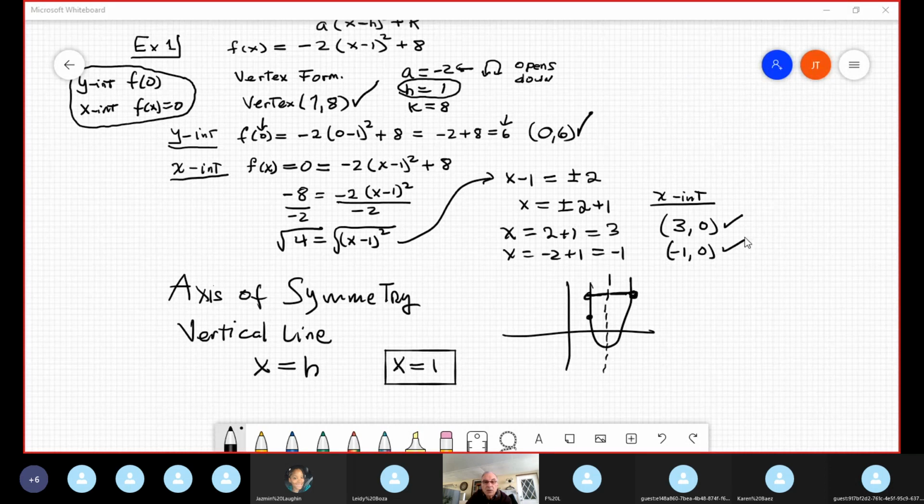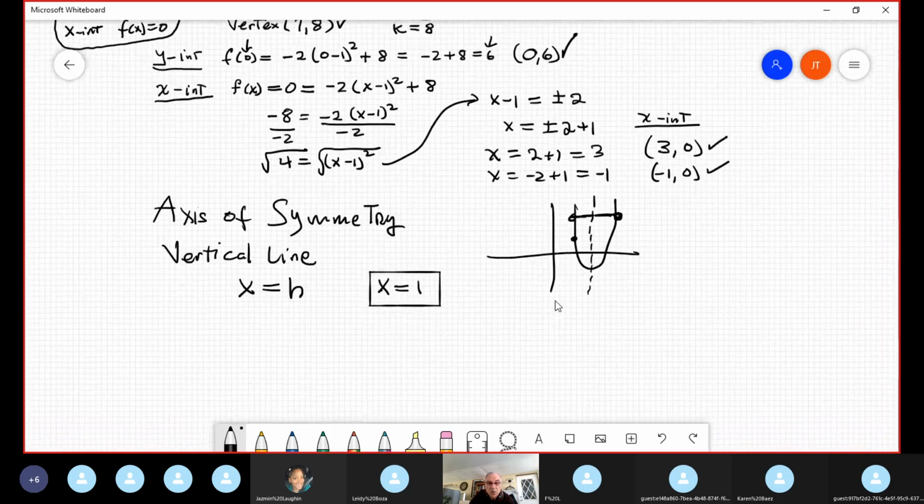Okay, there you go. So using the idea of symmetry, the axis of symmetry, we get one additional point that was 2,6. Now the domain of the function is all real numbers. Always all real numbers.